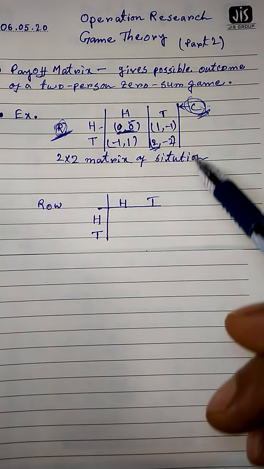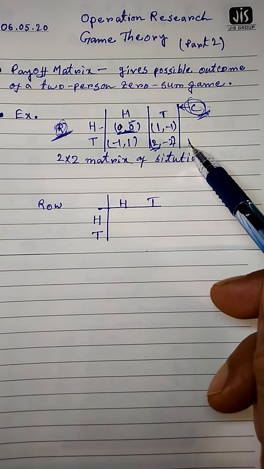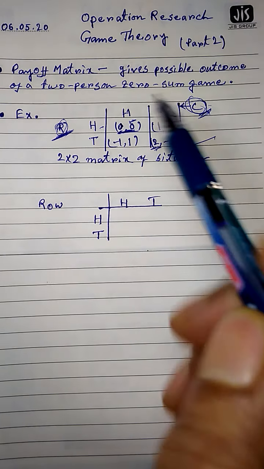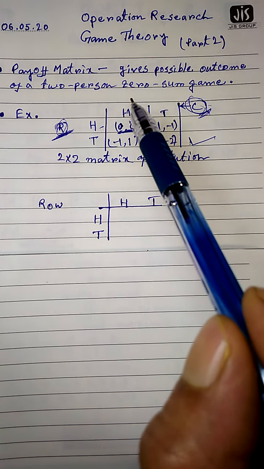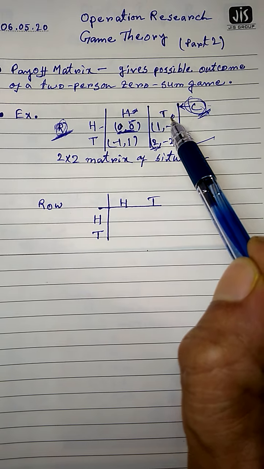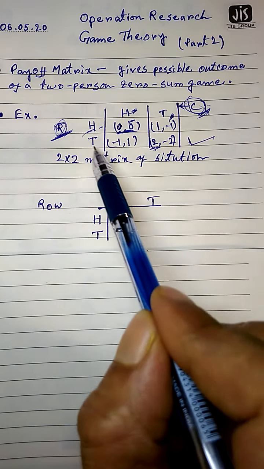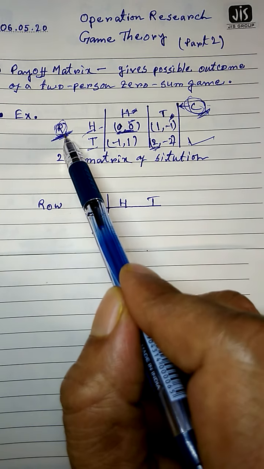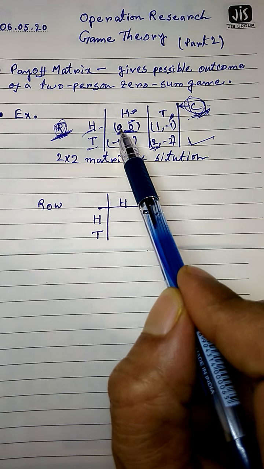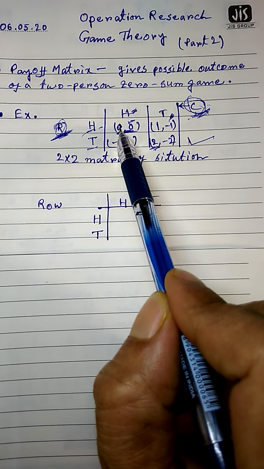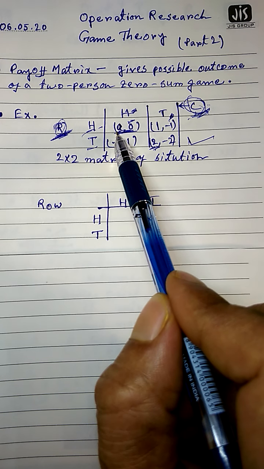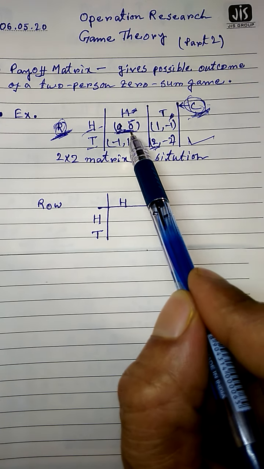Now I get this matrix, the actual situations of the game. This is head, this is tail, for person R and person C. Here both tossed heads, so no one will gain and no one will lose.